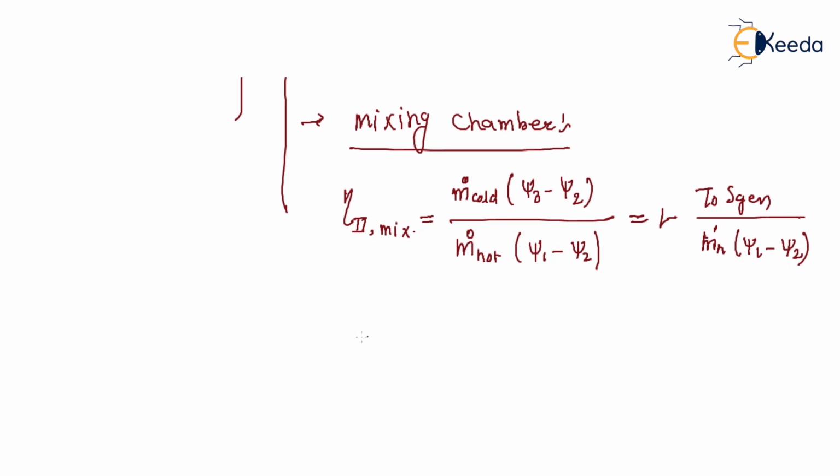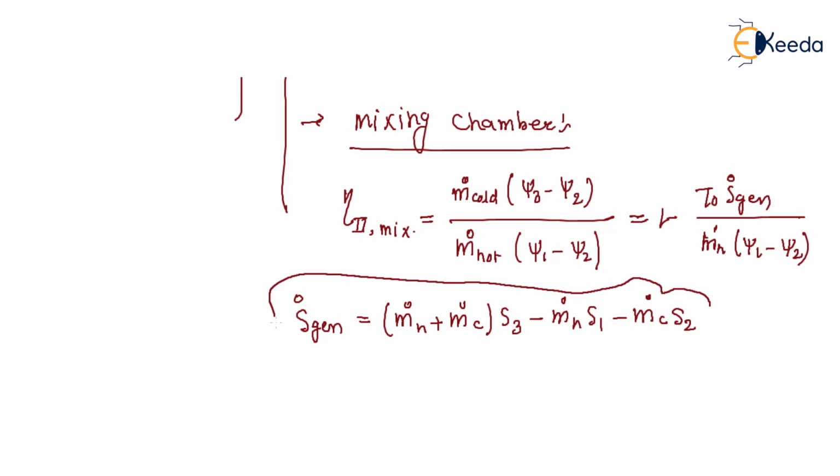And what is S generation? S generation is mass of hot fluid plus mass of cold fluid into S3 minus mass of hot fluid S1 minus mass of cold fluid S2. So this is your entropy generation. You have to calculate it, no problem.